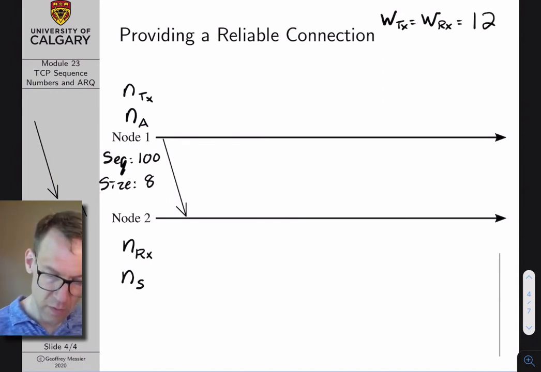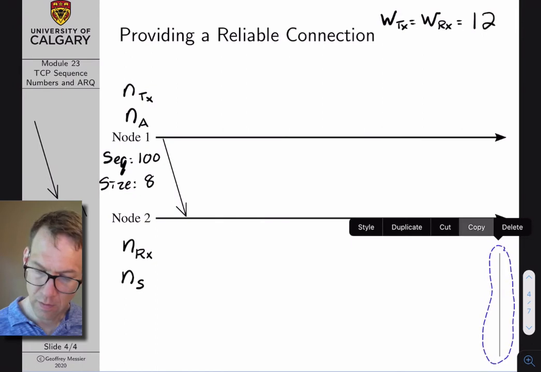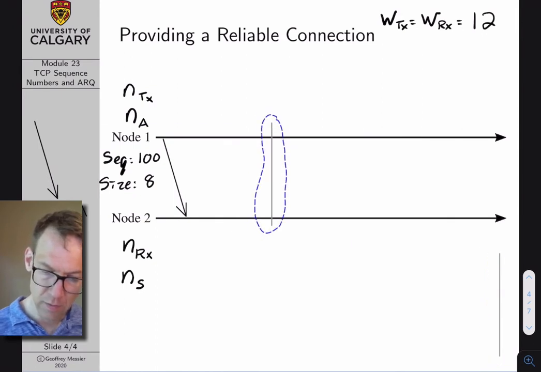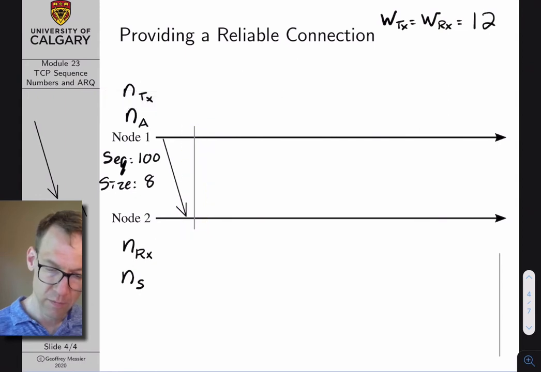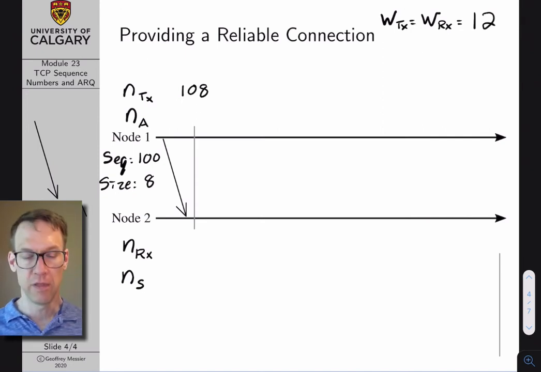NTX, if we take a look at our system values at this first point, represented by the gray line, NTX is going to be 108. So NTX is the sequence number of the frame or segment or packet that we want to send next.